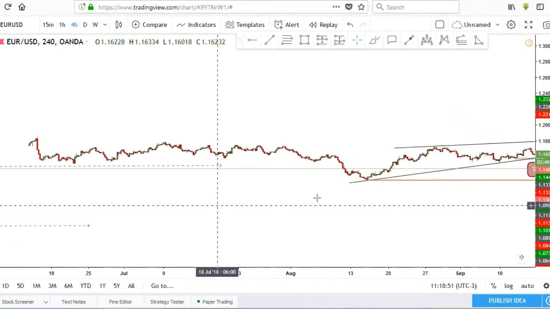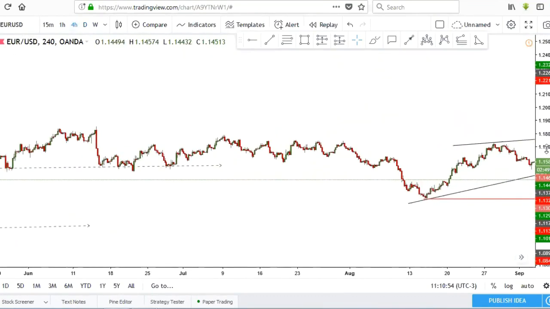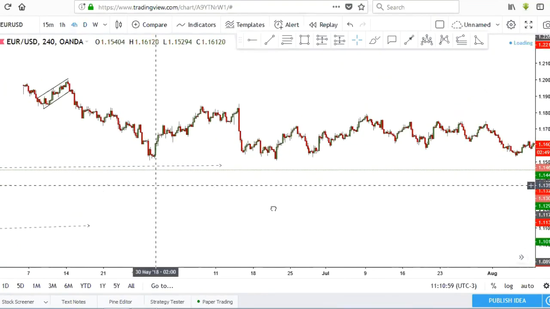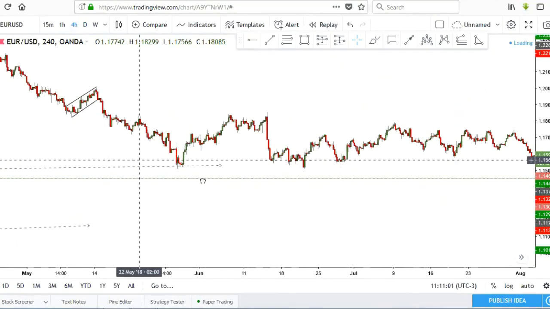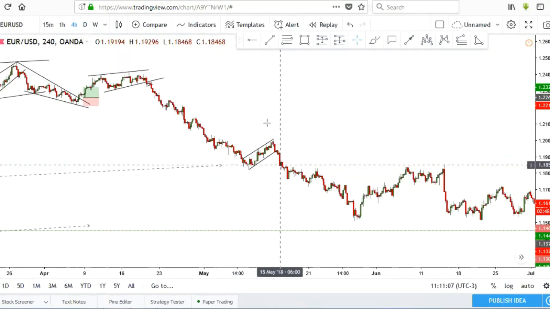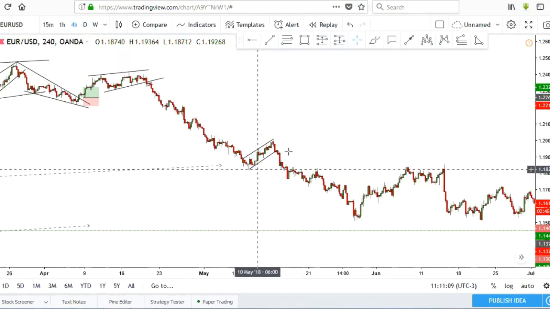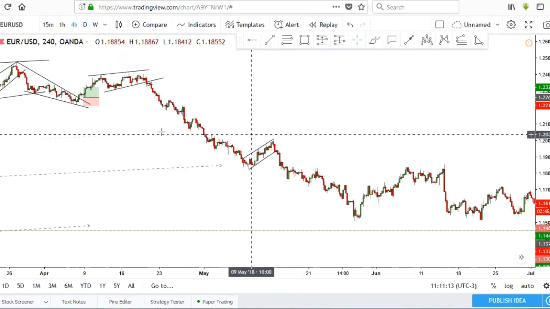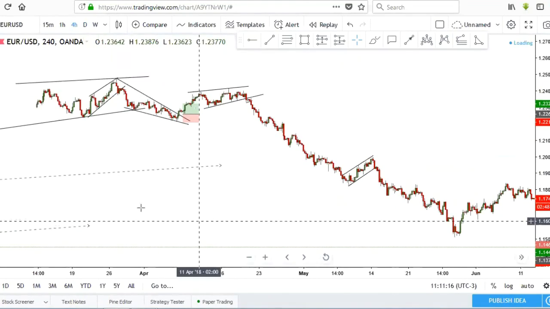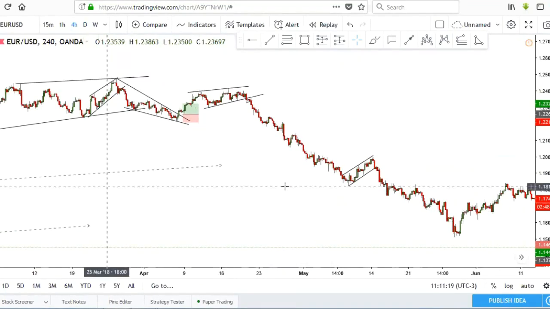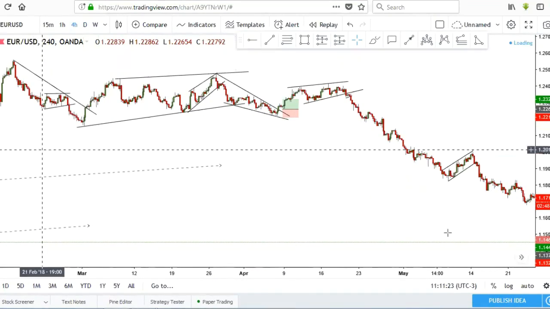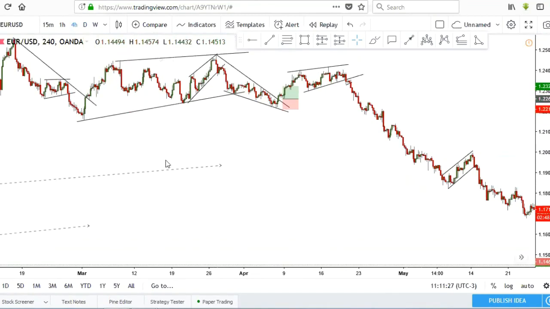Okay, need to make sure we're on the right one. This is all from back testing. But you can even see this pattern here. We had our flag that showed that we're going to the downside. Can you see here? Flag that showed that we're going to the downside when we took it. But let me just move backwards to that area where I placed the... Okay, I don't know why this is taking time.